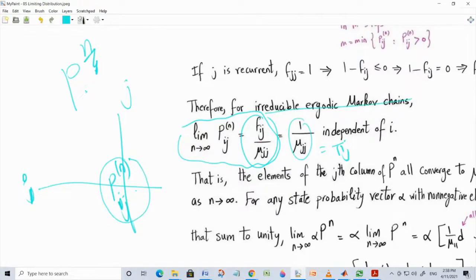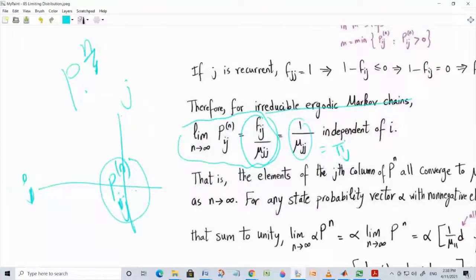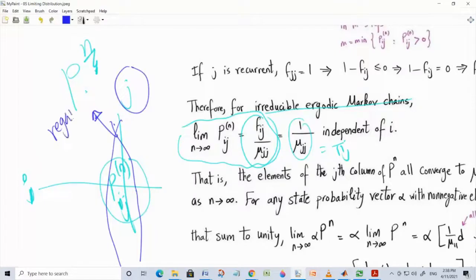So for those Markov chains that are irreducible and ergodic, if you see the transition probability matrix as you raise it to a higher and higher power, something nice will happen. Fixing j, here it's the jth column, regardless of i, every element on the jth column will converge to 1 over mu jj.